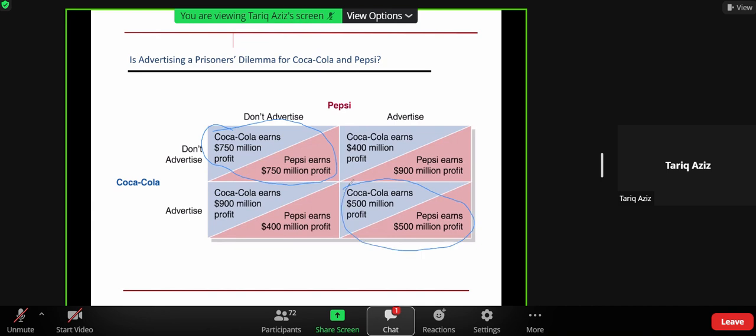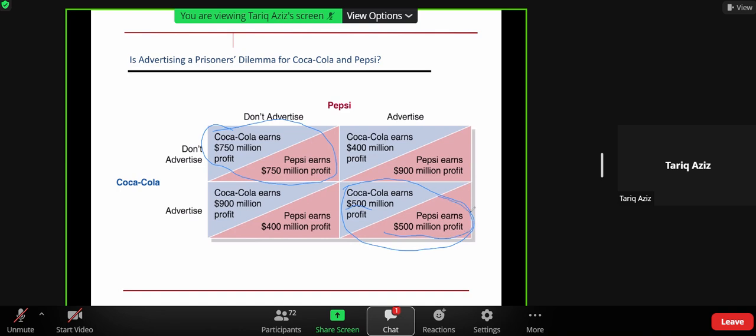So every player is trying to snatch the customers of another company. So the other company will also spend some amount of money on advertising. So both are spending a lot of money on advertising. So what will happen? Their profit will come down because of marketing and advertising expenditure.